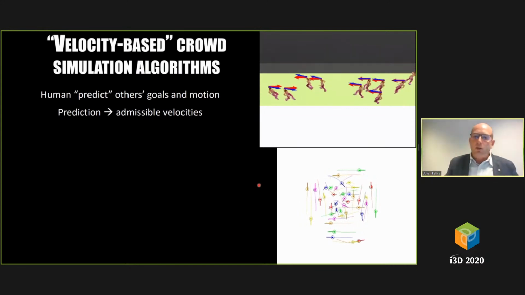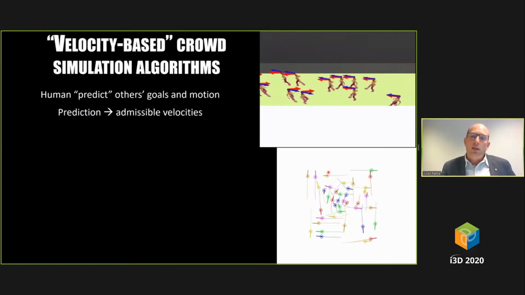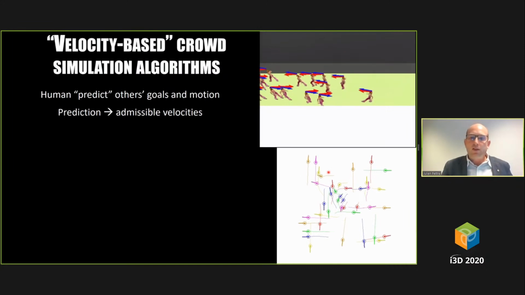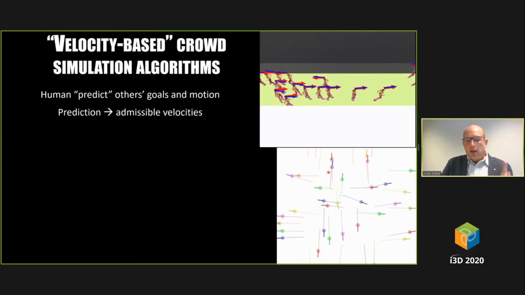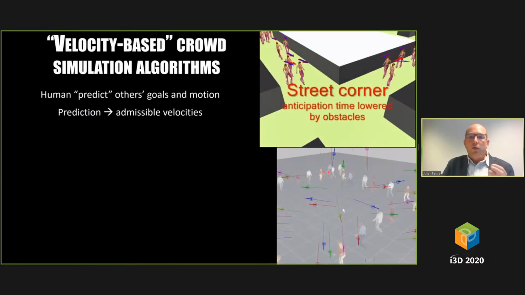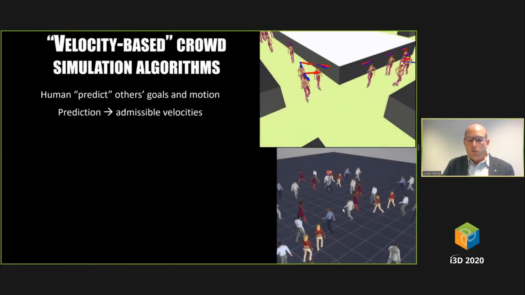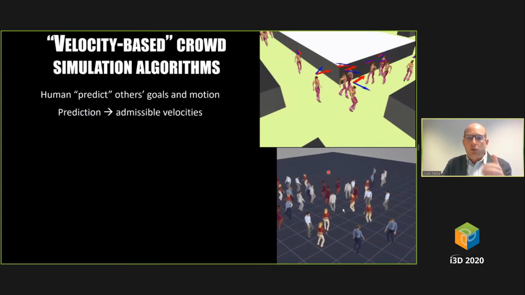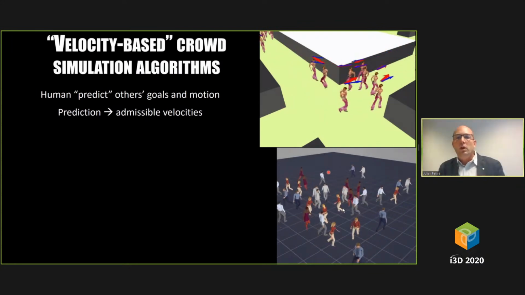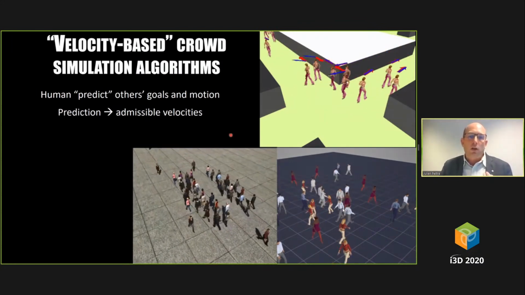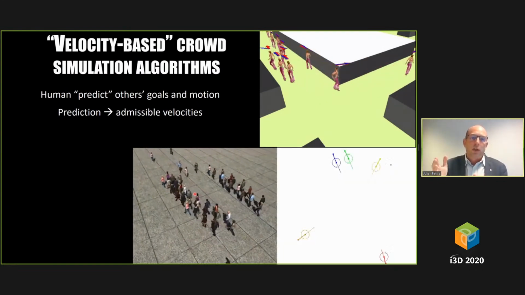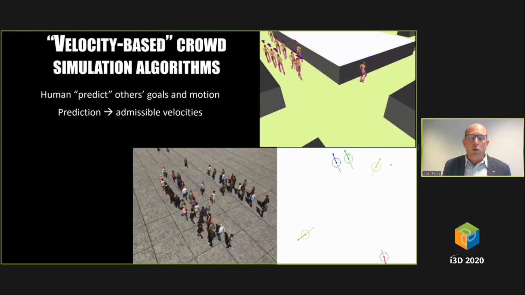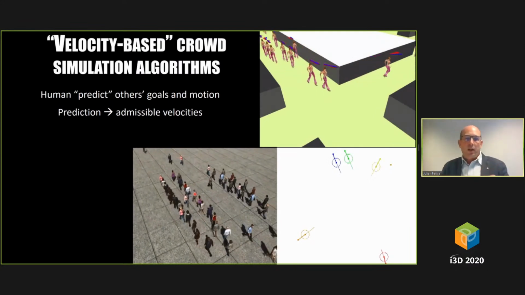That's interesting because these admissible velocities take this definition that you should take a velocity so that you have a collision-free motion in the near future, which means that you keep distance with others. But if you add a second constraint, which is not to go far away from others, you can also achieve group motion with the same principle.